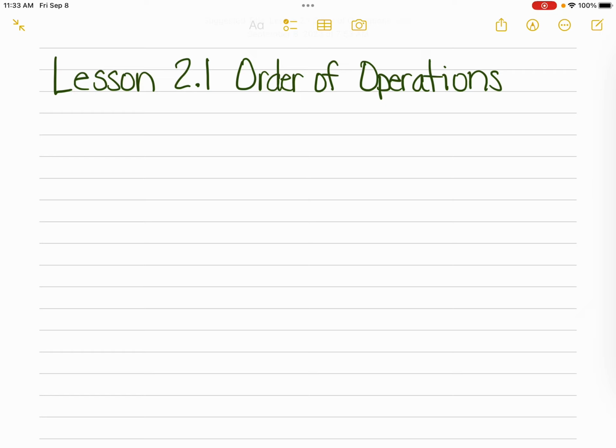Okay, a few things we're going to go into before we start with order of operations is multiplication and division and the different ways you'll see the signs. So normally, like when you first learned multiplication, this is what it looked like, 2 times 1. Well, we can also say that with just a dot like this, and that's what we'll be using mostly in pre-algebra. We don't use the times sign, the X, because we're going to be working with variables and working with X's.